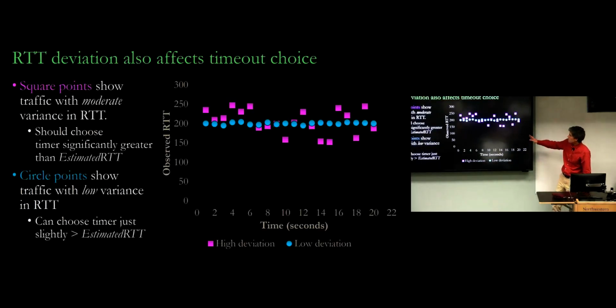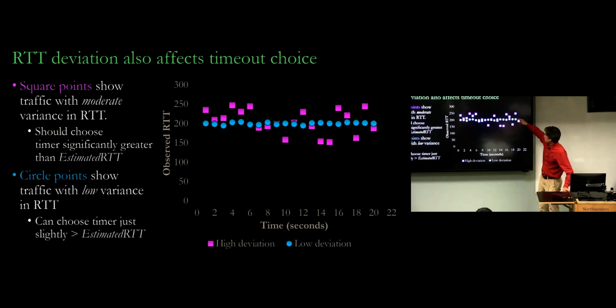So these two colors of round trip time observations represent two different scenarios where the average is the same, but the deviation is different. This blue connection has a very consistent round trip time, always pretty close to 200. But this pink or red one has more variation in the round trip time, right?